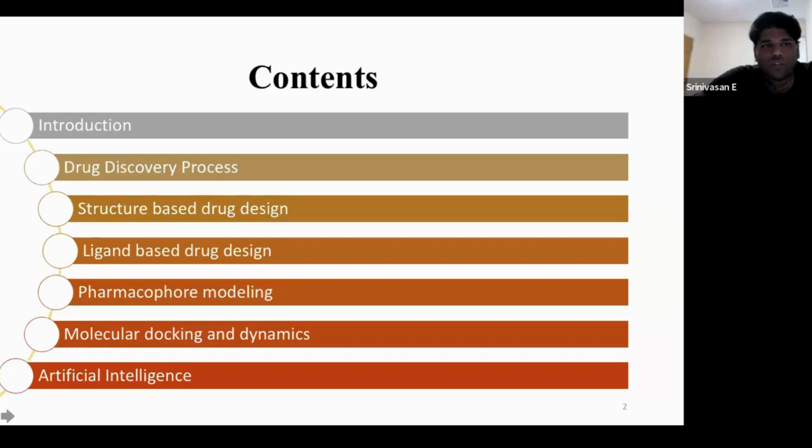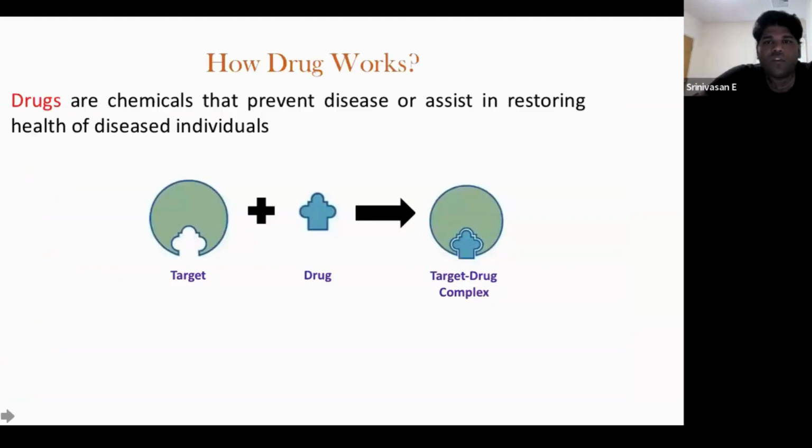So let's delve into the slides. Before giving an introduction on computer-aided drug design, I wanted to let you know what a drug is and what a target is. Why are people so interested in computer-aided drug design? With it, we try to design drugs that target protein molecules, which could help prevent disease, inhibit the growth of cancer cells, or inhibit aggregates that can lead to neurological disorders or many other disorders.